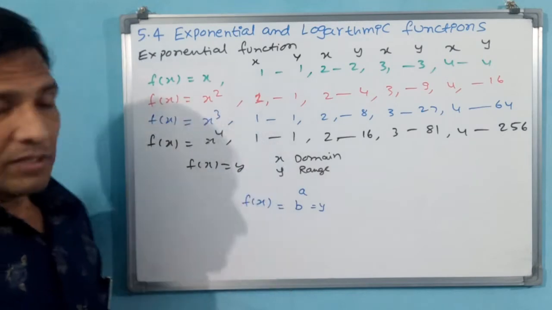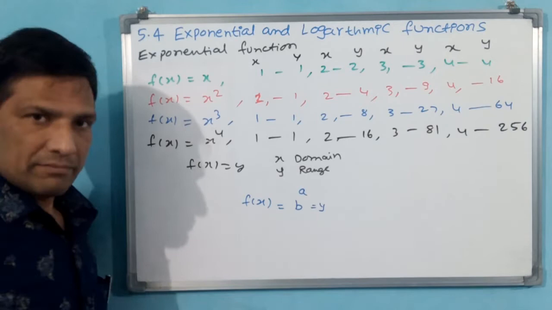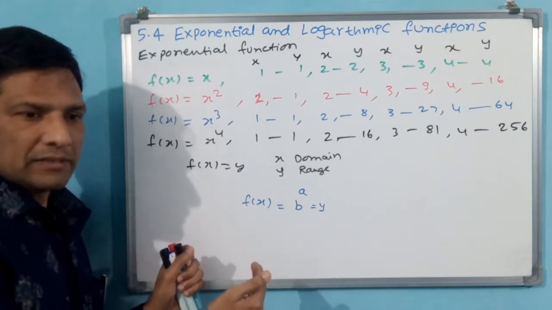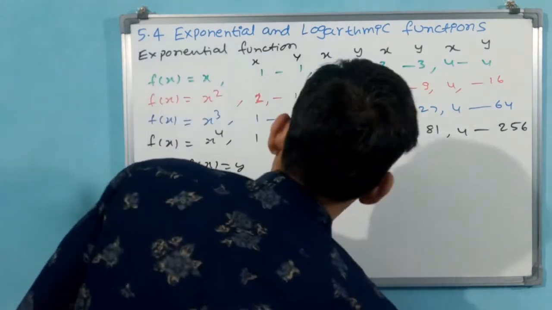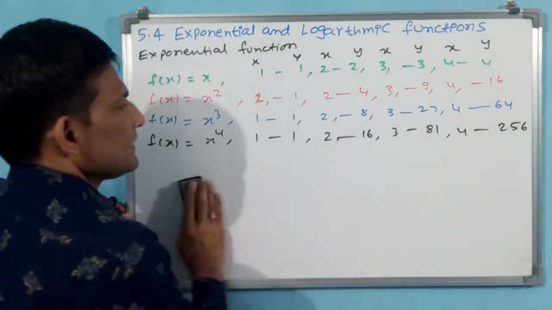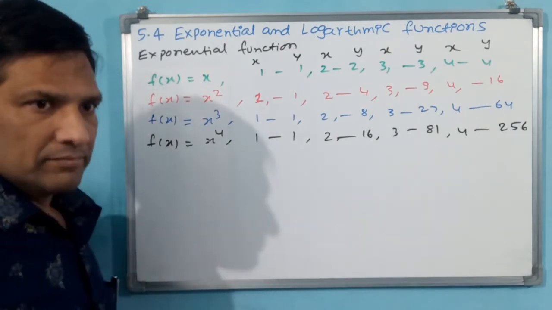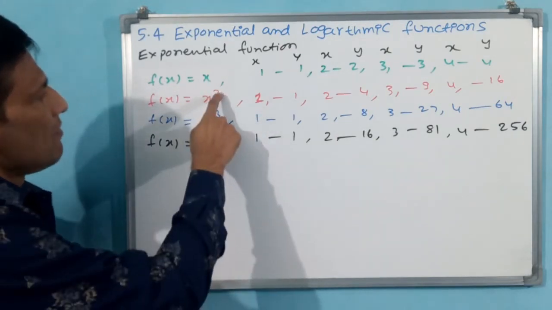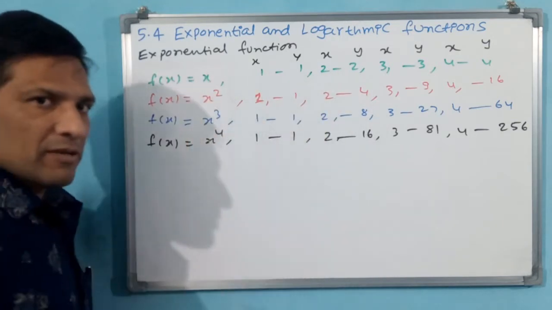We have not yet called these exponential functions because some conditions are there to call a function exponential: base should be greater than 1. Here I have kept the power the same in each function and changed the base.